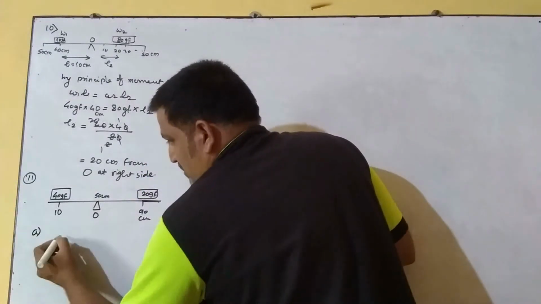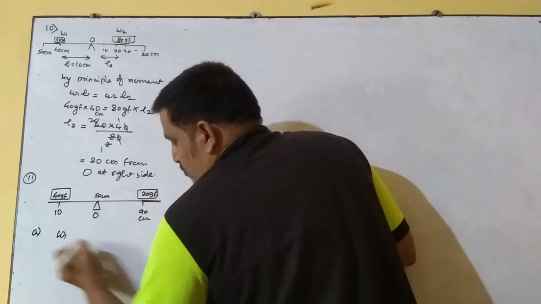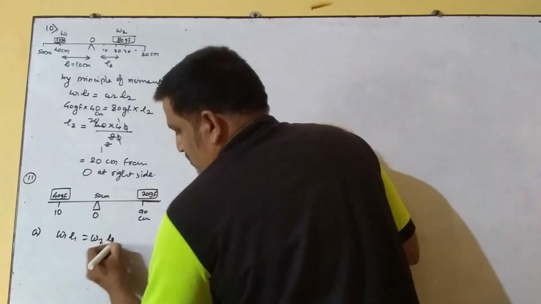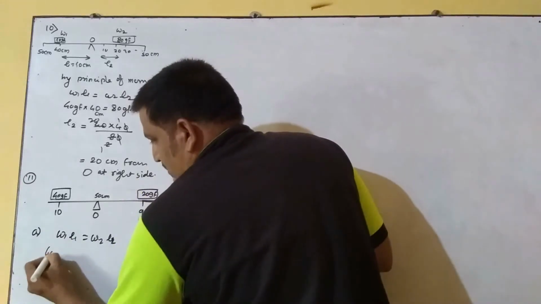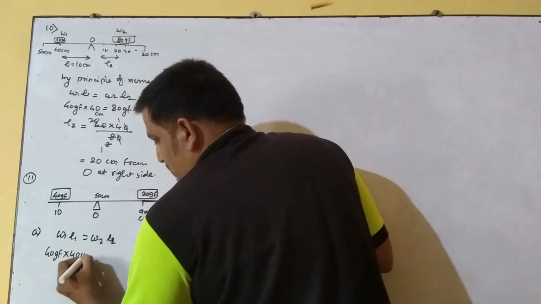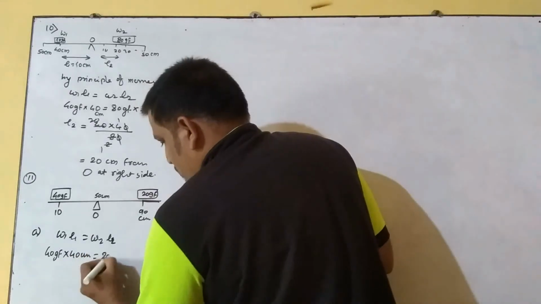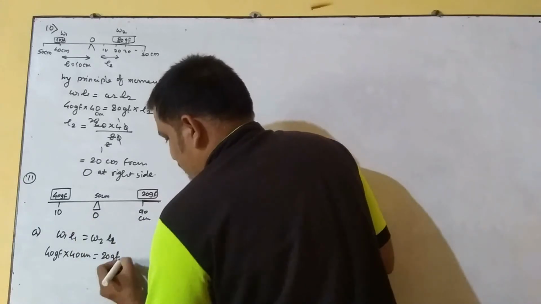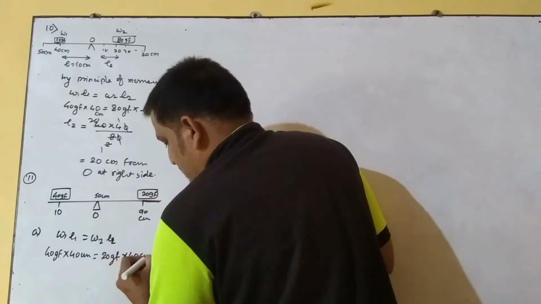First question. By principle of moment, W1 L1 is equal to W2 L2. W1 is 40 GF, L1 is 50 minus 10, 40 centimeter. W2 is 20 GF, and it is at 90 from 50 centimeter, so again 40 centimeter.